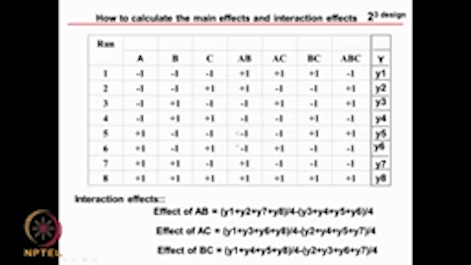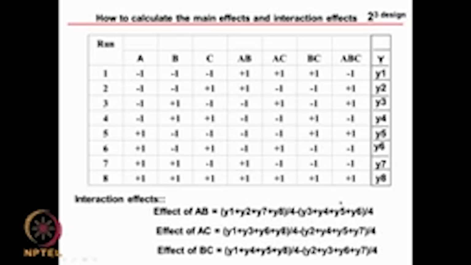So, how do you calculate AB? You have 4 places with plus, that is y7, y8, y2, y1. So, y1 plus y2 plus y7 plus y8 divided by 4, and you have 4 places with minus: y3, y4, y5, y6 divided by 4. This result will give you the interaction effect AB, very simple.